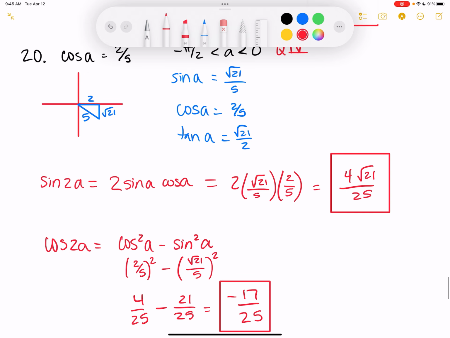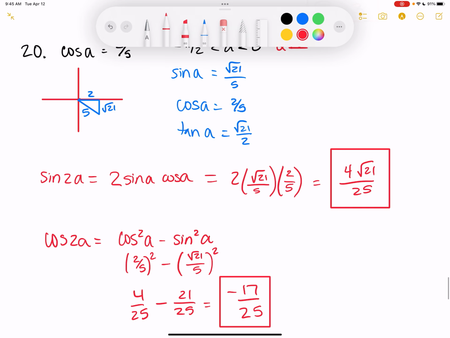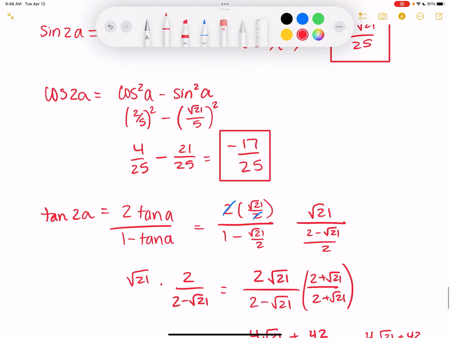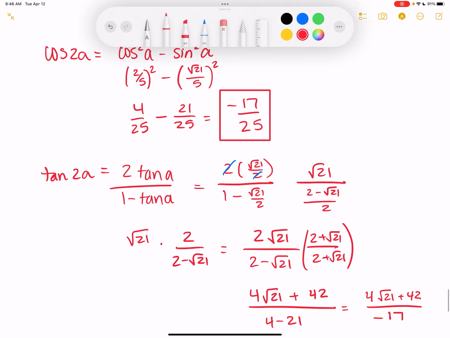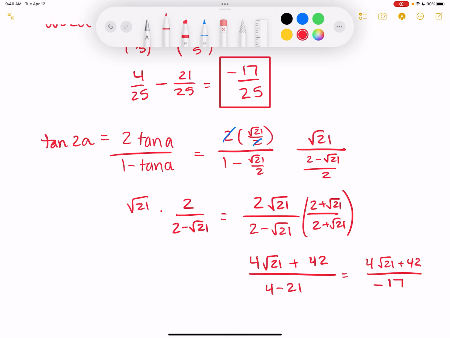Hold on, I'm making sure we plugged everything in right, because that's not the answer the book has. Which is weird. 2 root of 21 over 2, we did that, right? Make sure we're not missing anything, because their answer is without the plus 42.